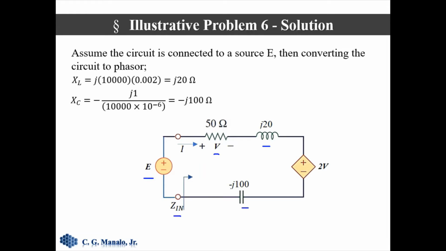Now take note that since we already have a source, that means that we should have a current, and that current should also be expressed in its phasor form. So these are the computations for the inductor and the capacitor with regard to their phasor equivalents.